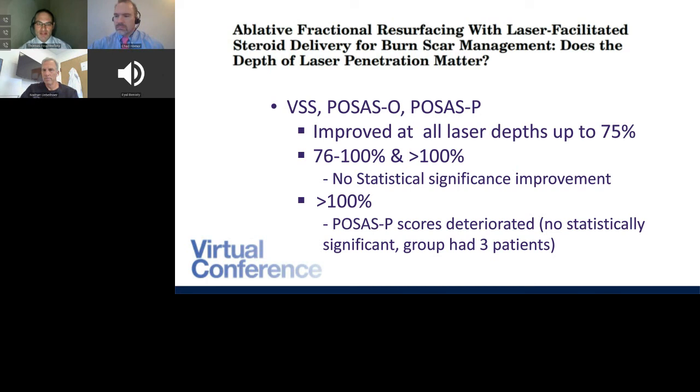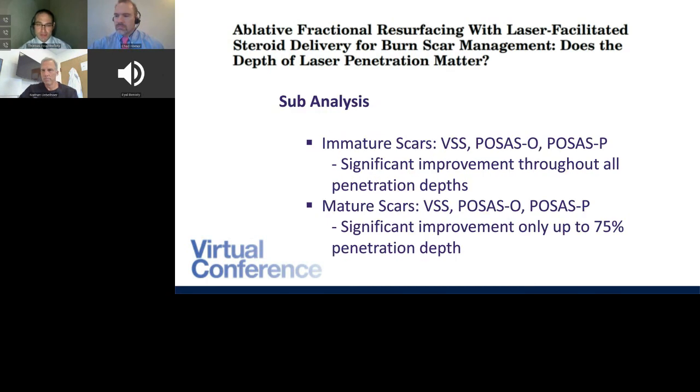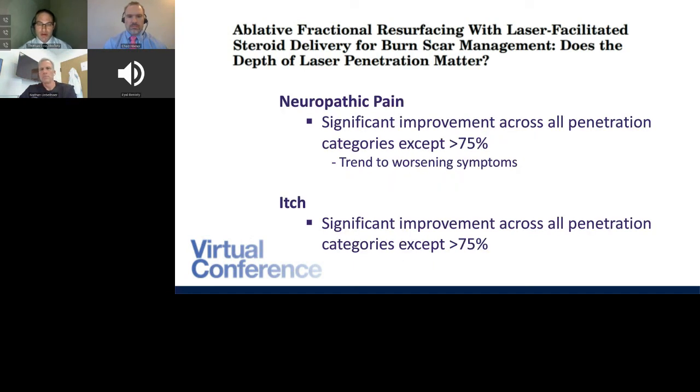So in this study, going back, their sub-analysis, looking at the immature scars and the various scales they used here, again, they saw significant improvement throughout all the penetration depths. With the mature scars, they only saw significant improvement up to 75% depth. Looking at a few other clinical findings, they were interested in evaluating, does pain and itch also correlate with depth of ablation?